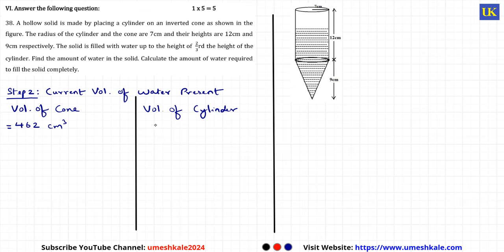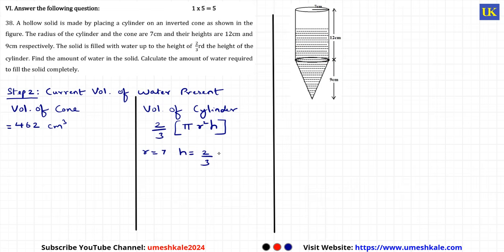Now, so here we have to find two-third water which is present in cylinder. So pi r square h. Okay. So we'll write down the radius which is 7 and the height is two-third of height.